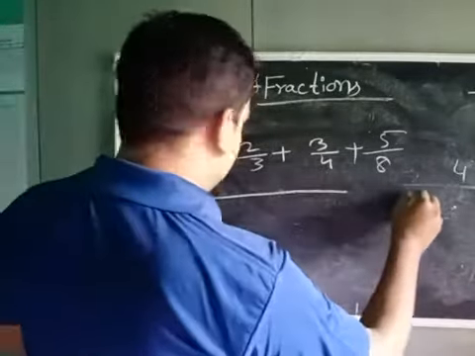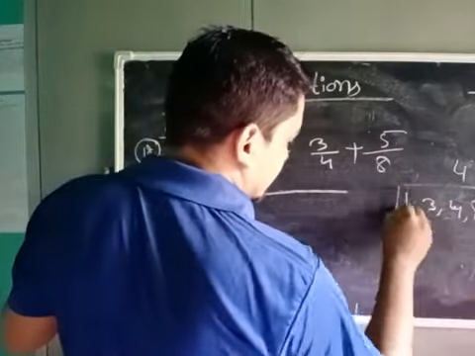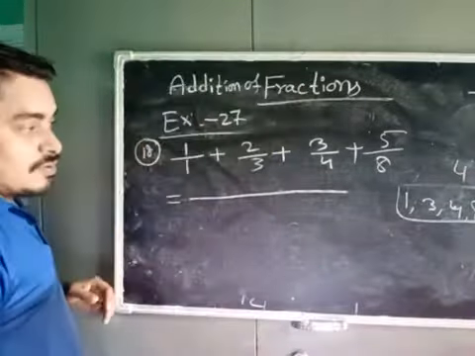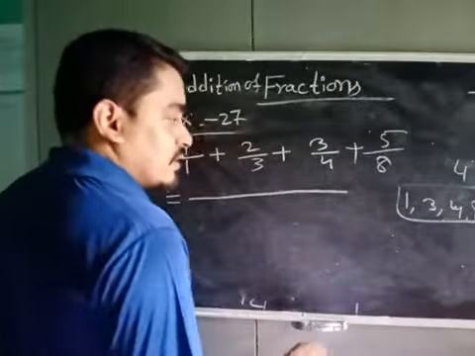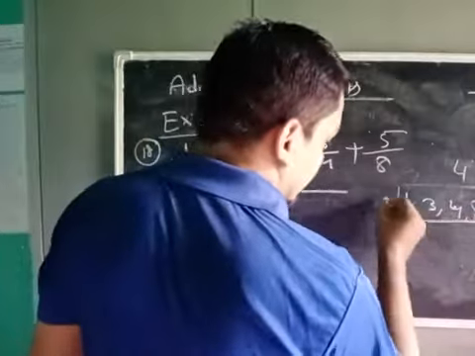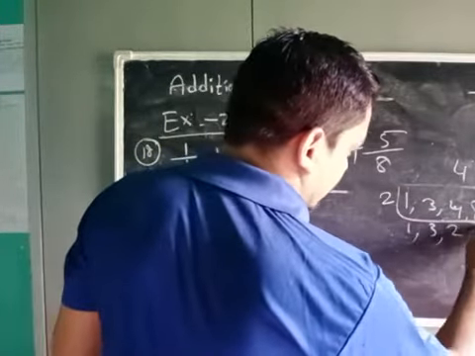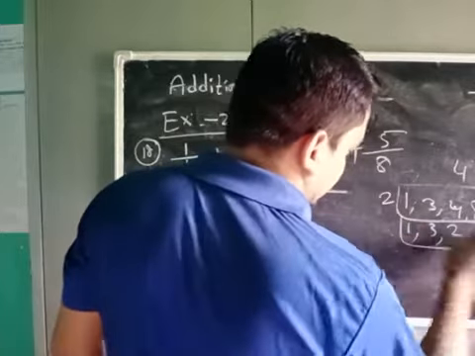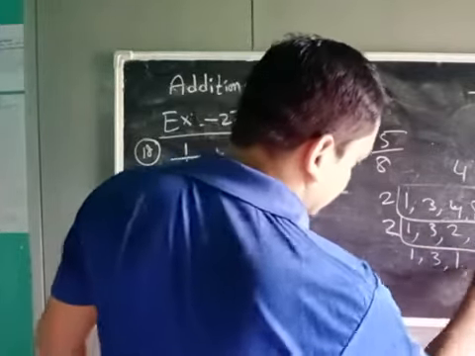So what we have? 1, 3, 4 and 8. So which number can divide? For LCM we have to divide at least 2 numbers. So here you see 4 and 8 can be divided by 2. So here 1, here 3, here 2, here 4. Again we can divide by 2. 1, 3, 1 and 2.